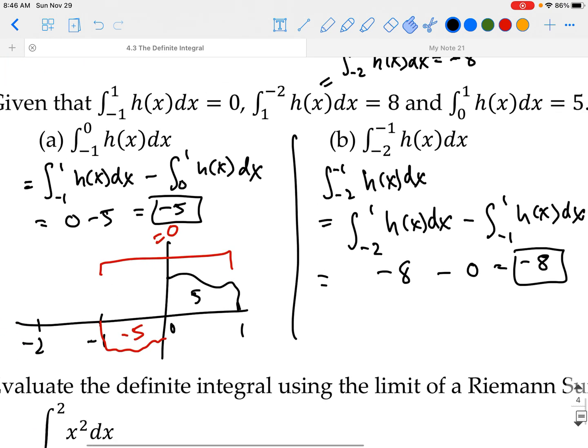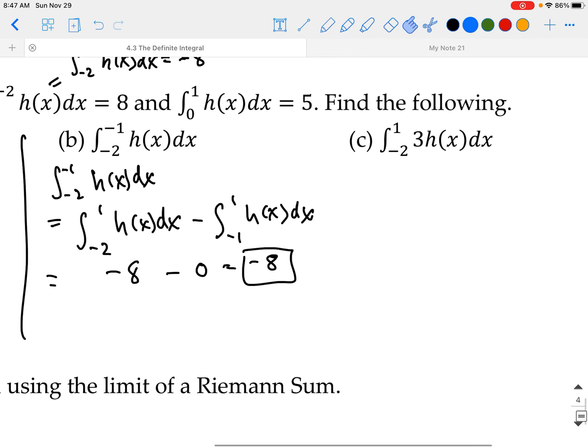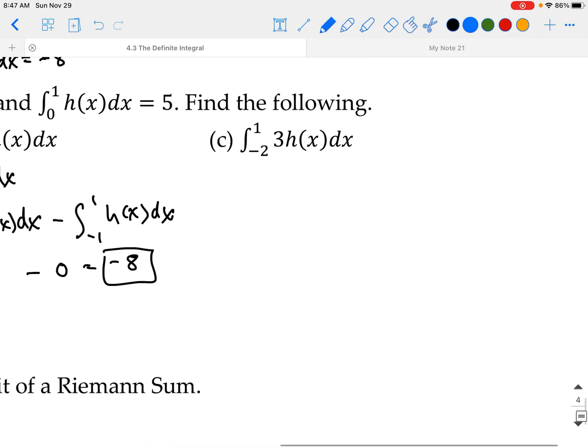So what that tells us then is that this area is going to be negative 8. And then, let's see here. So we've got, this is going to be the constant multiple.